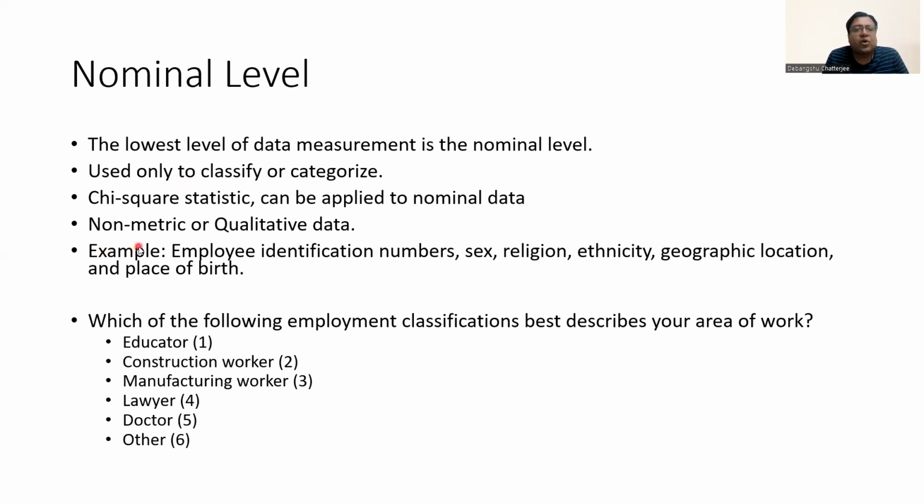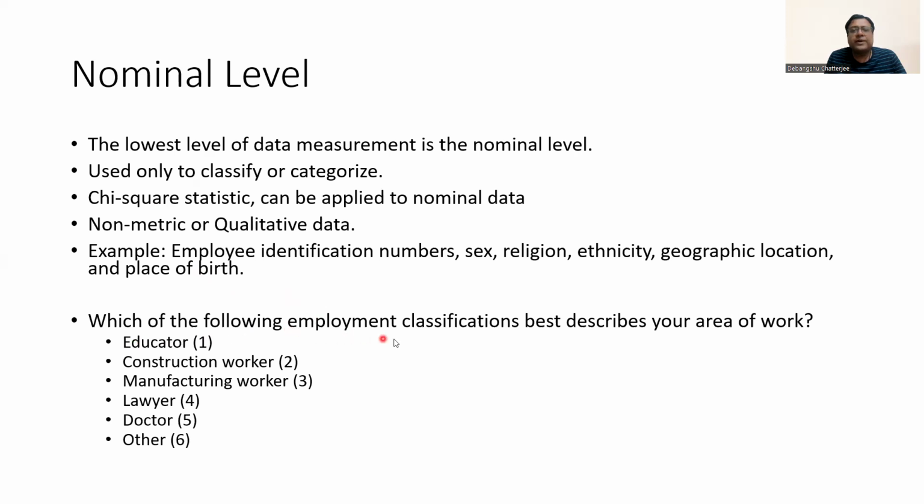Now, this is non-metric or non-numeric, and this is called qualitative data. What are the examples? Employee identification number, sex, religion, ethnicity, geographical location, and place of birth.